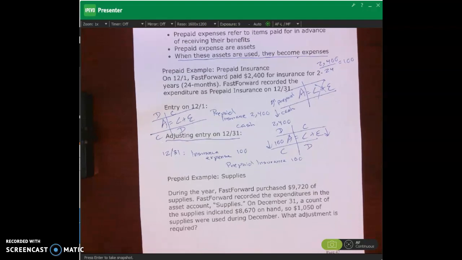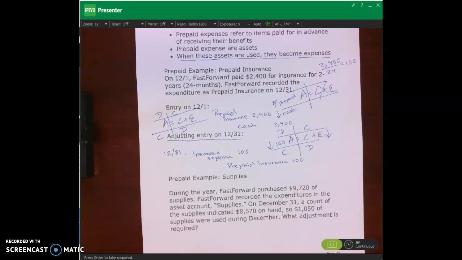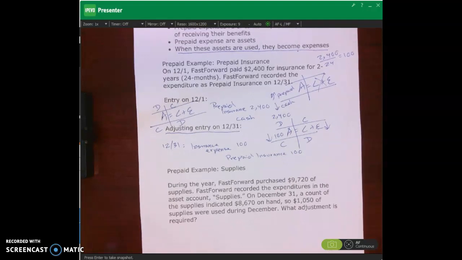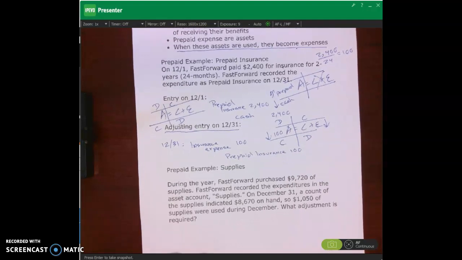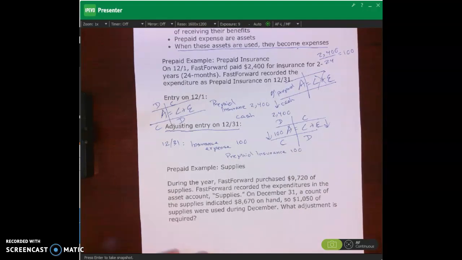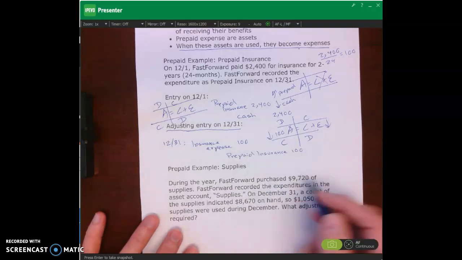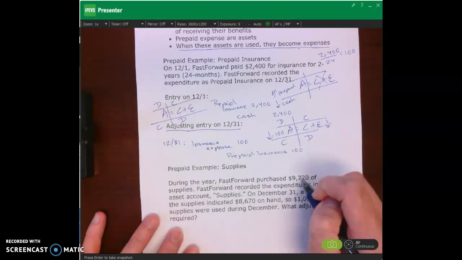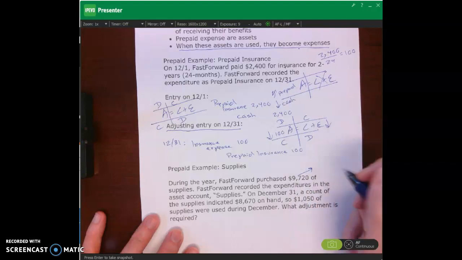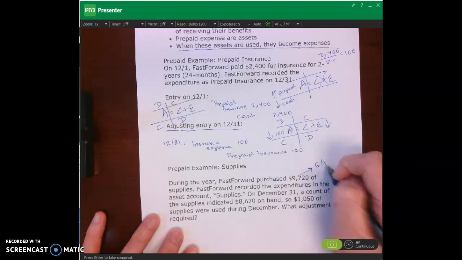Another example of prepaid expenses is supplies. Okay, so let's look at this example. It says during the year, Fast Forward purchased $9,720 of supplies. Fast Forward recorded the expenditures in the asset account supplies. So that means, let's just say they did this all on, I'm just going to make up a date, June 1st.